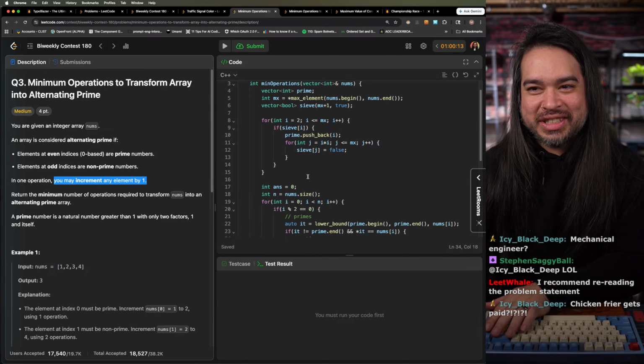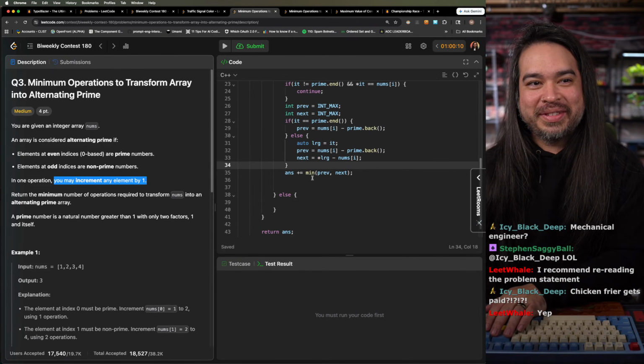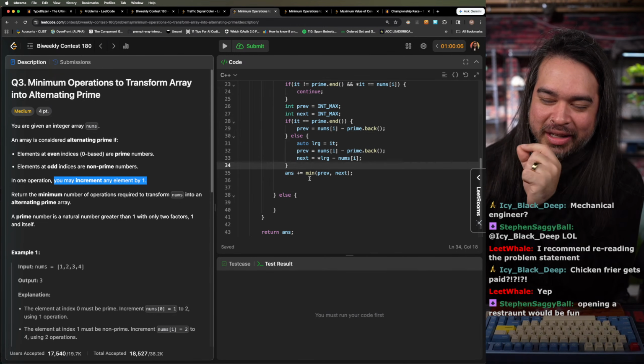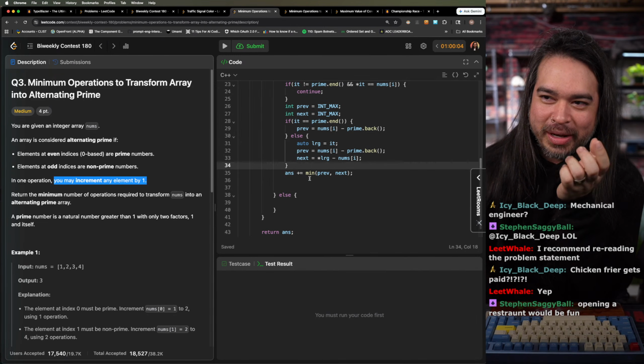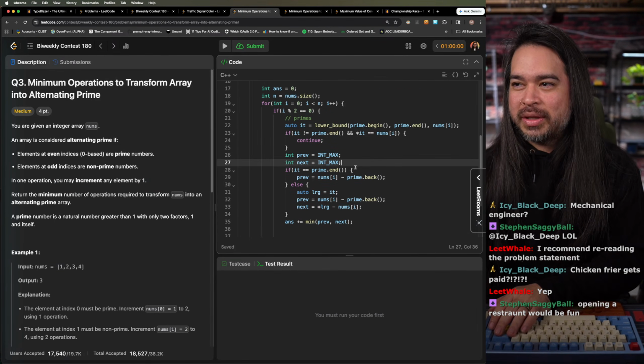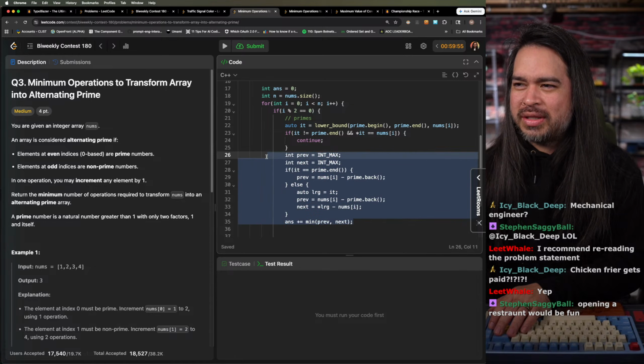I see what you're saying, LeetWhale. I thought it said you could like increment, decrement. I don't know why I thought that. But I'm thinking of like the previous one and the next one as well. All right, so should I just erase this then?